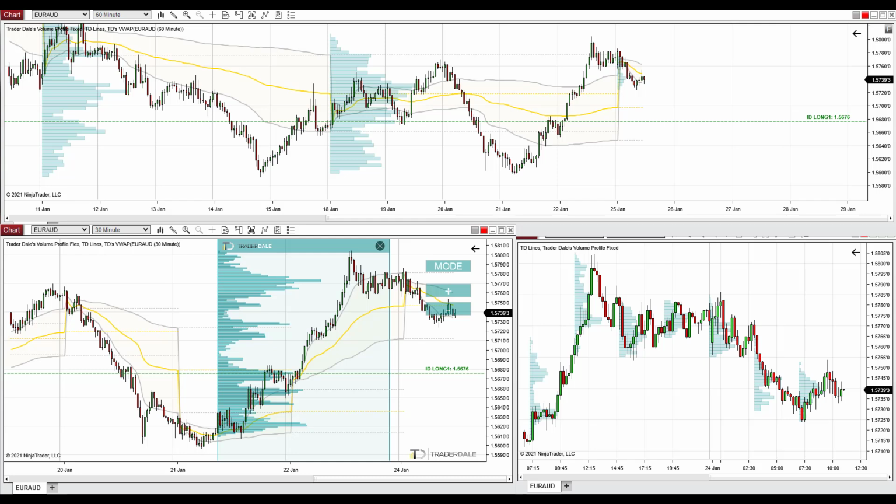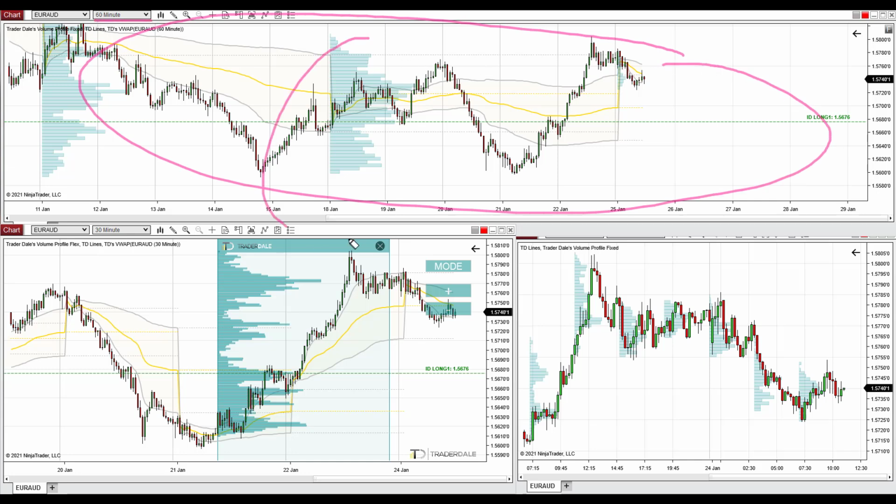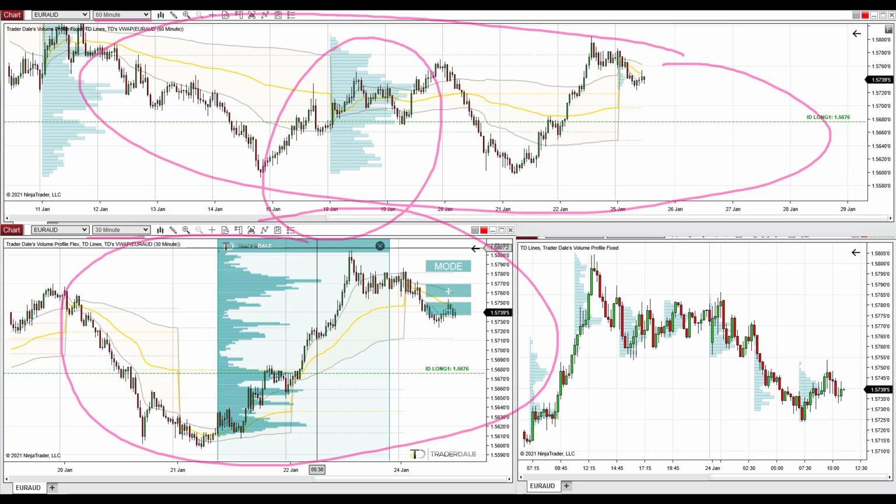What you see before you is my intraday trading workspace. It uses volume profiles and VWAP. This chart is a 60-minute chart with weekly volume profiles. Those get printed every week. This chart is a 30-minute chart with flexible volume profile.